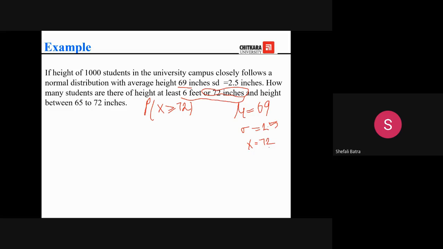First, you need to convert this normal variable into standardized normal variable, and that is Z is equal to capital X minus mu upon sigma. X is 72, mu is 69, sigma is 2.5. Just calculate and let me know what value of Z you are getting. Do it, hurry up.